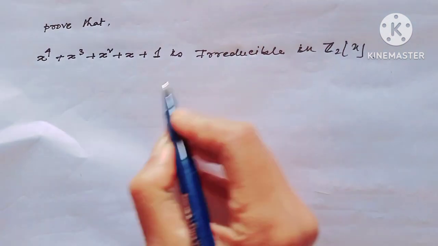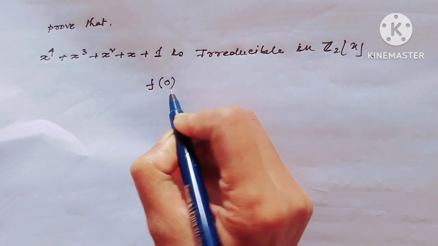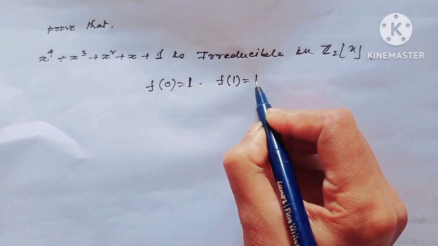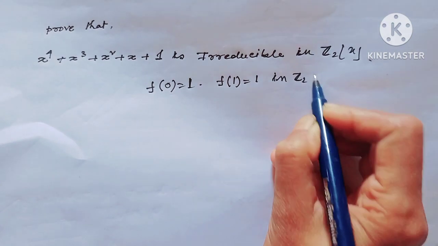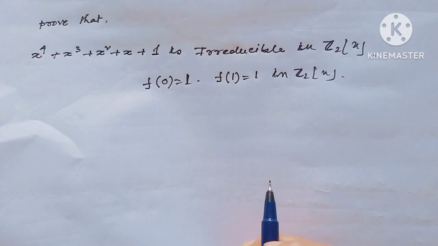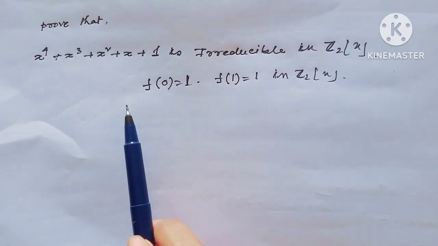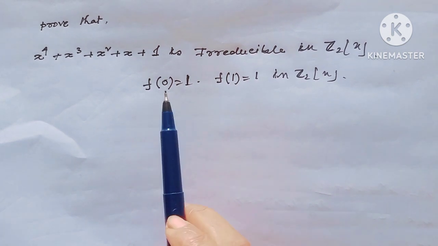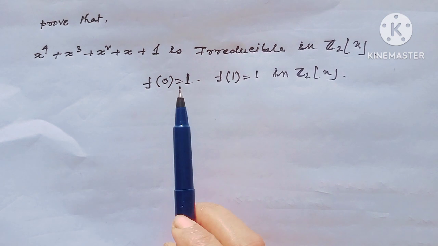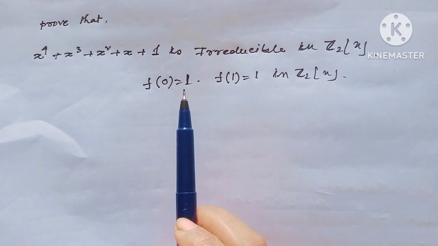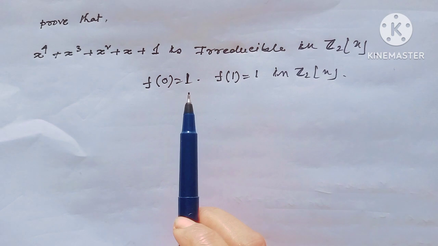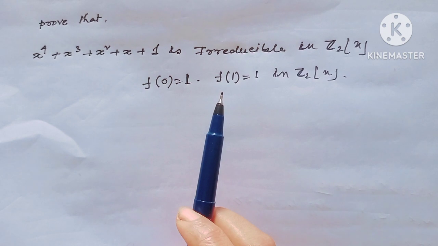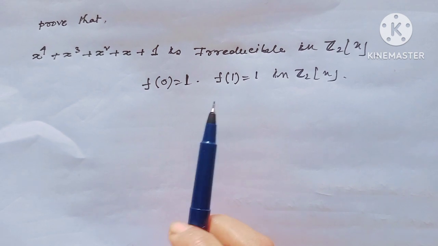So in Z_2[x], at first check the root. f(0) equal to 1 and f(1) equal to 1 in Z_2. That means obviously in Z_2 this polynomial has no root. But since the degree of the polynomial is 4, which is greater than 3, by root test we cannot guarantee this polynomial is reducible or irreducible.